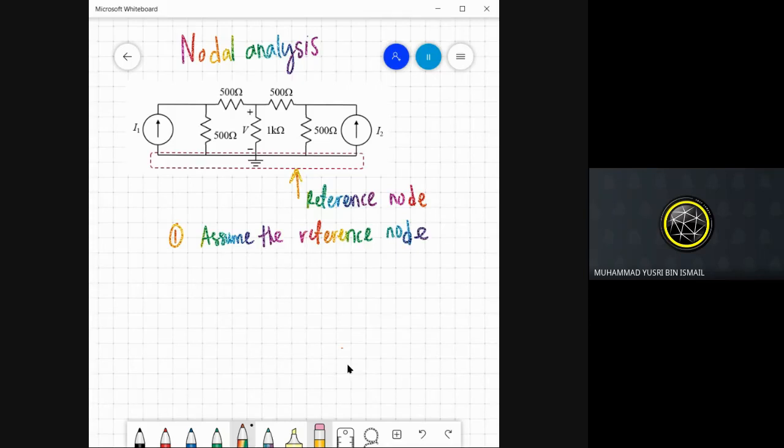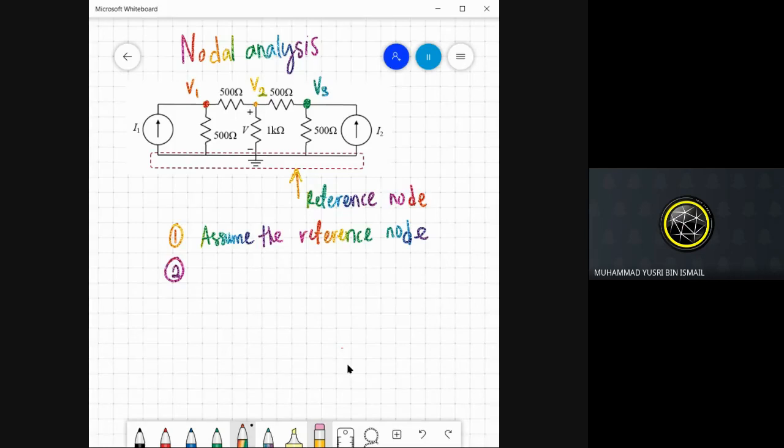The second part is to denote the node. If you remember, the definition of a node is a point where two or more elements are connected together. So in this case, we have this node, which I name V1, then this is node V2, and this is the node V3.